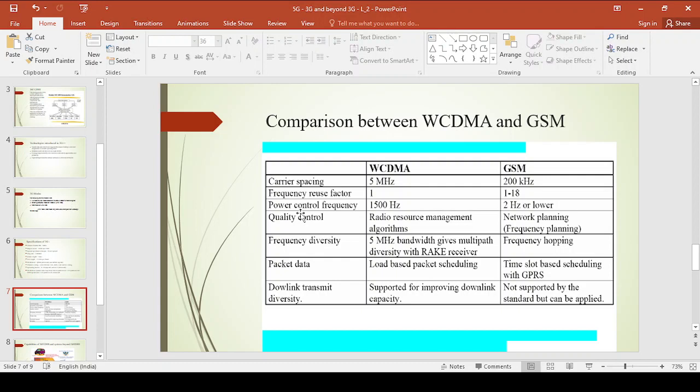Power control frequency. Now what is meant by power control? It is used to minimize interference. This power control is used to minimize interference due to fading or the presence of other mobile users in the particular cell, right?